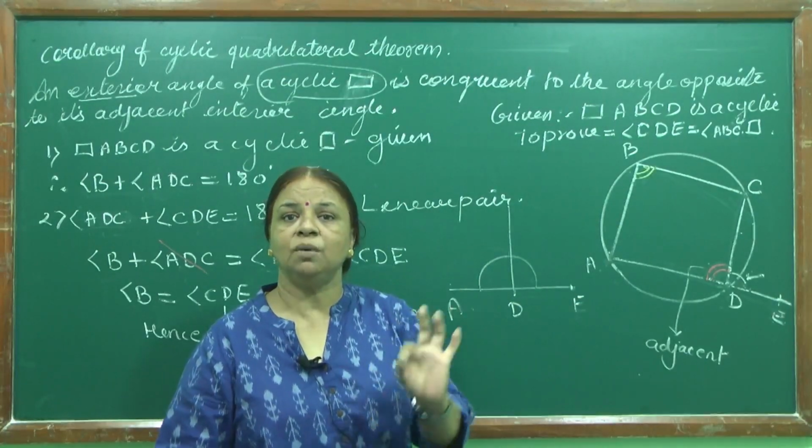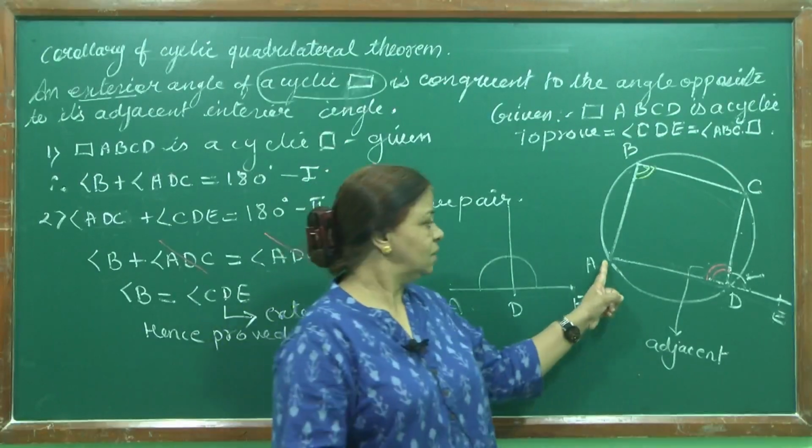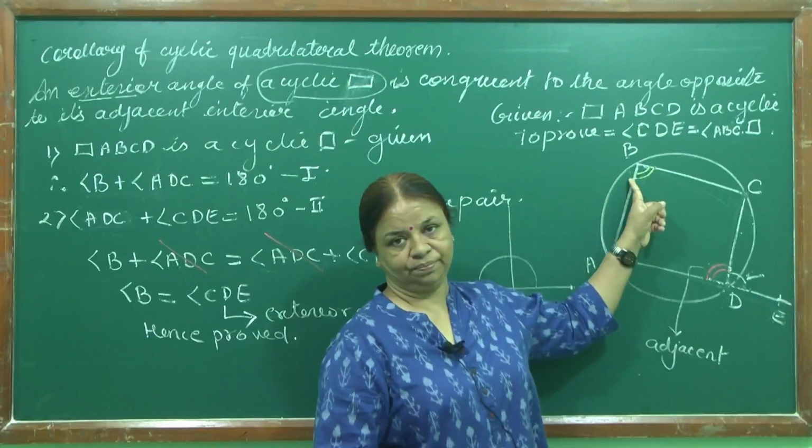If the sum of the opposite angles is equal to 180 degrees, then the points are cyclic.